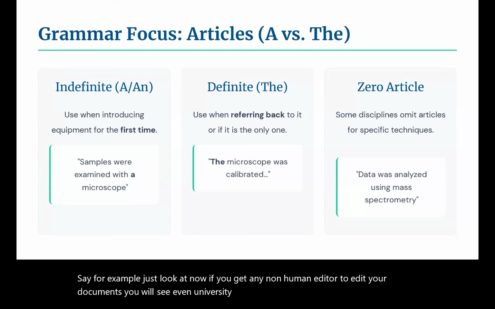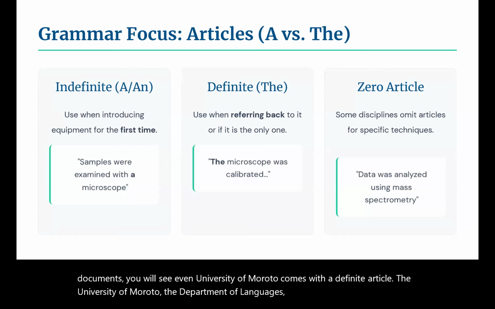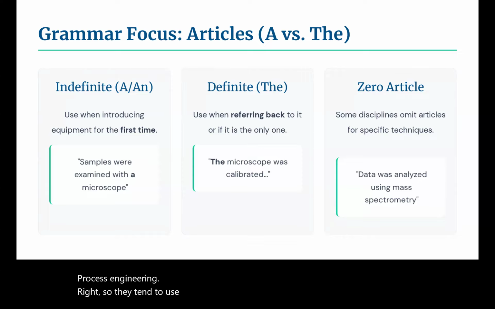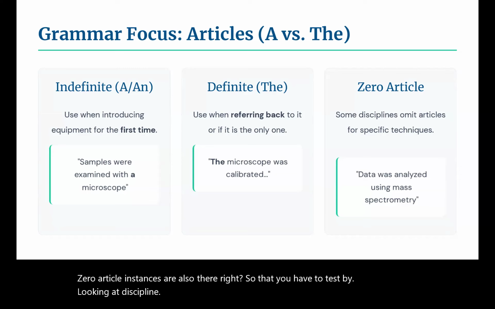The University of Moratuwa, the Department of Languages, the Department of Chemical and Process Engineering, right? So they tend to use the definite article, but zero article instances are also there, right? So you have to test by looking at discipline-specific techniques, particularly when it comes to data.